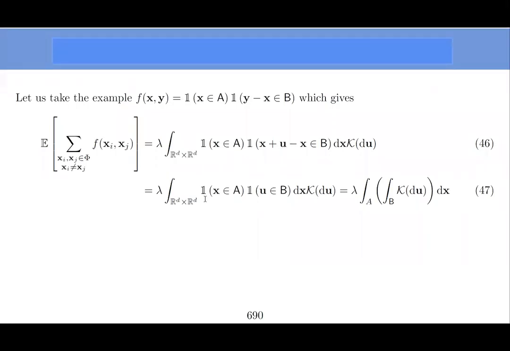What I get is the indicator x belongs to A, indicator u belongs to B, dx K(du). Now I can separate out the terms and integrate over x and u. So I get lambda times the integration of the indicator x belongs to A dx, and the indicator K(du). From this I get K(B), and this will be equal to lambda times the size of A.